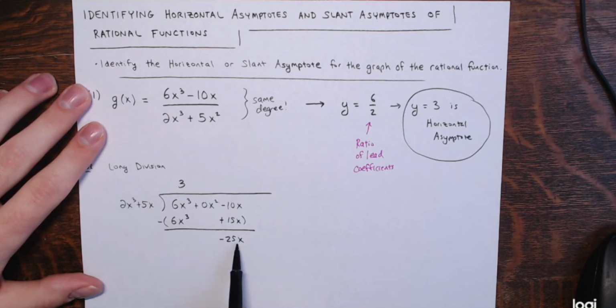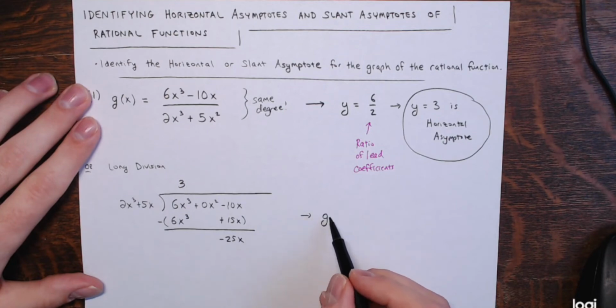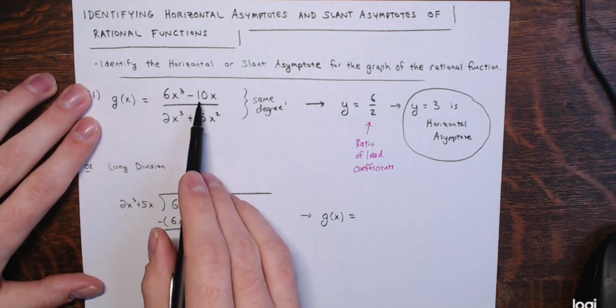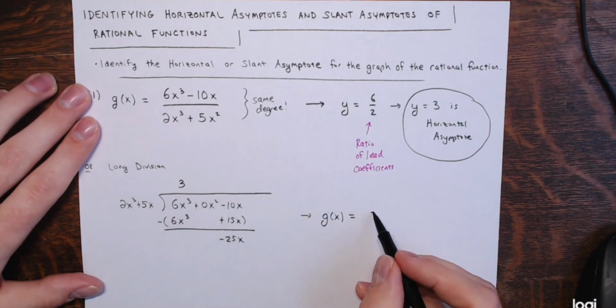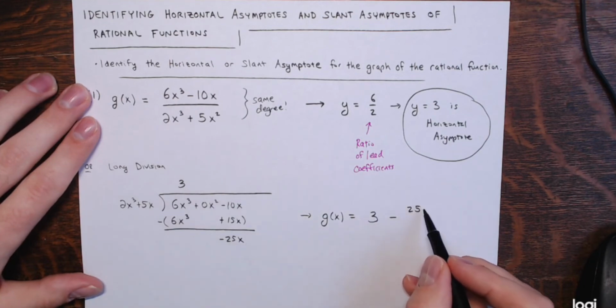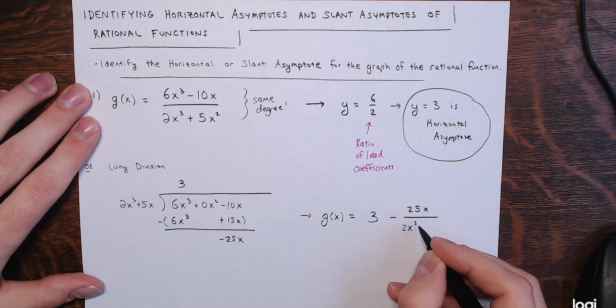This is a degree 1 polynomial here. This is a degree 3, so we're finished. So we could say that g of x is, remember how to write a division problem as a fraction? Dividend divided by divisor is quotient 3 plus remainder over divisor. So minus 25x over 2x cubed plus 5x squared.